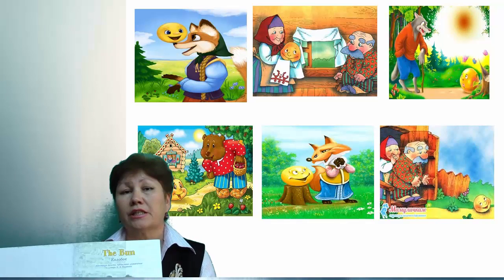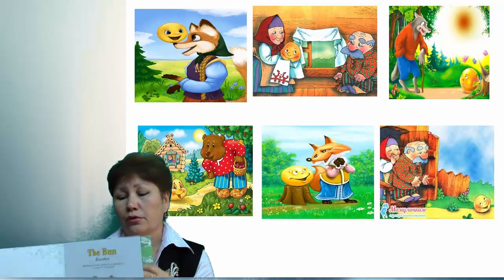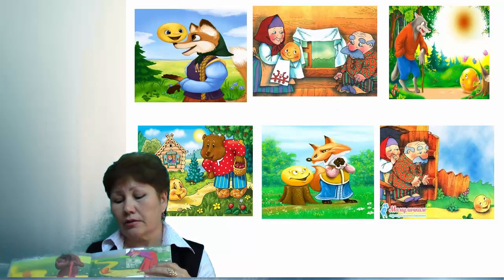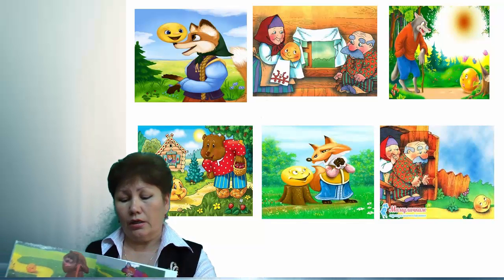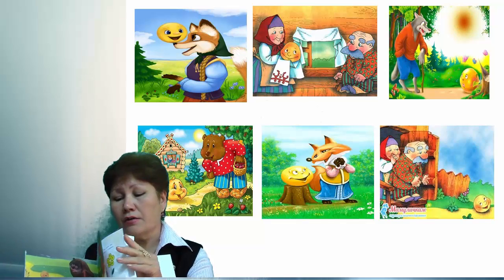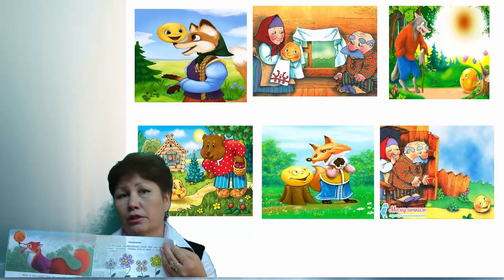There you can see the tale story. Then at the end of the book you can see some activities which you may use in your class after telling this story and dramatizing it with your learners.